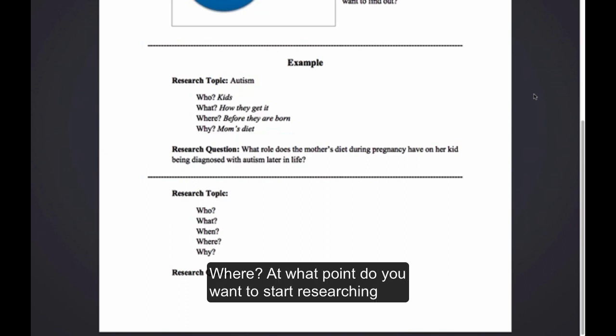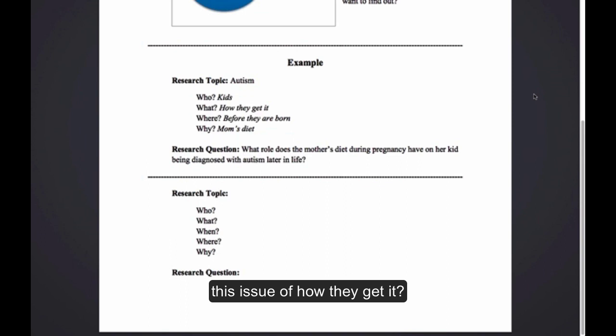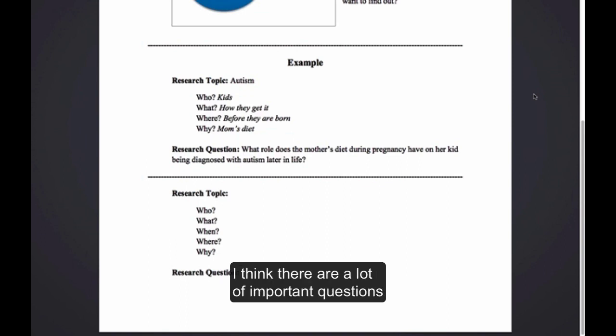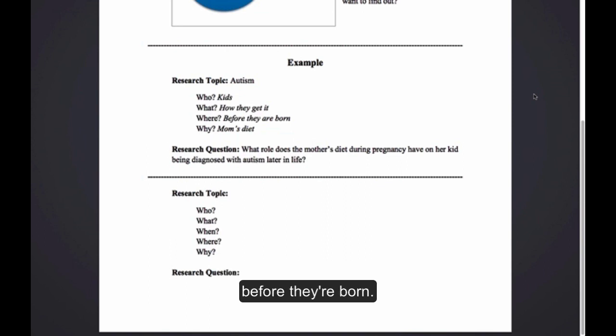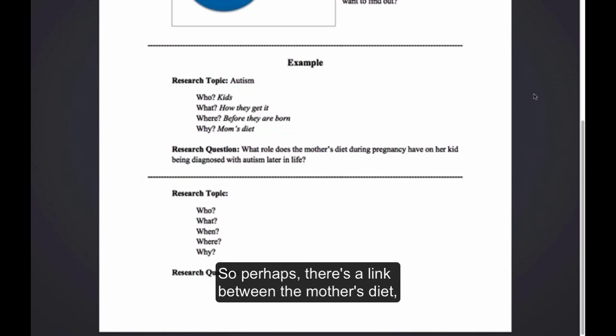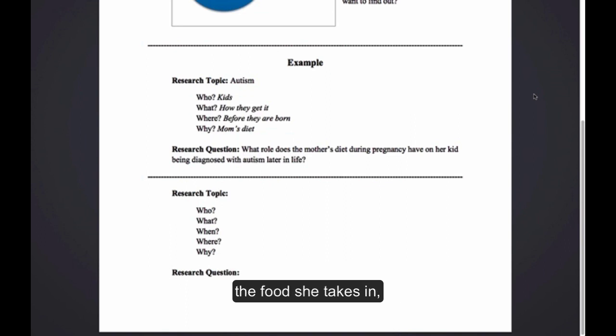At what point do you want to start researching this issue of how they get it? I think there are a lot of important questions in regards to autism and how someone gets it before they're born. And you may ask yourself why. So perhaps there's a link between the mother's diet, the food she takes in, and her child being diagnosed with autism later in life.